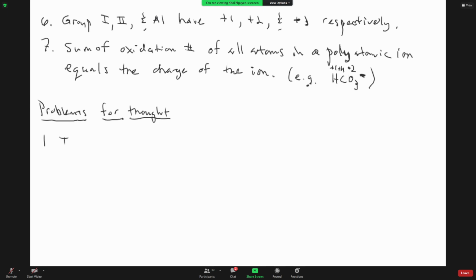First one, we have titanium hydroxide. We'll call that titanium hydroxide 2. Second one, an organic molecule.